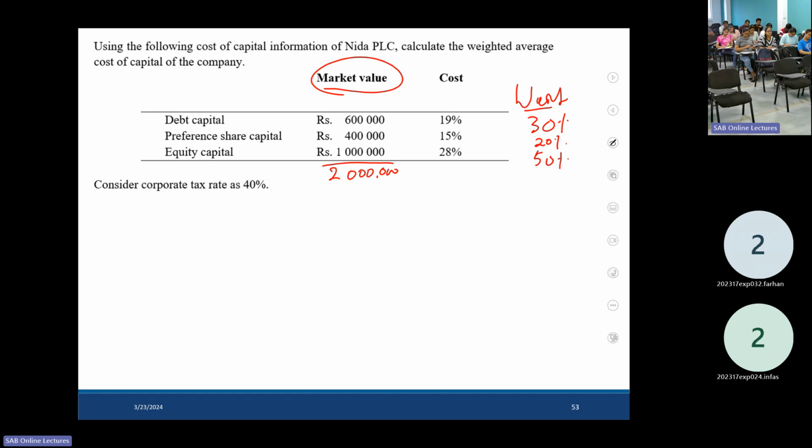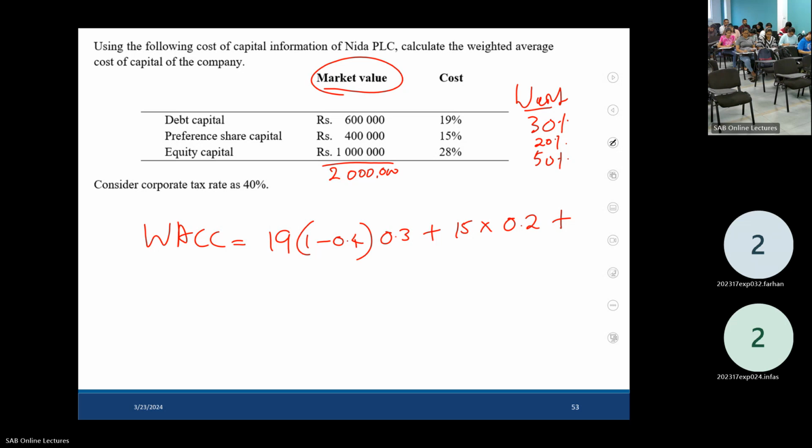So now you can calculate the weighted average cost of capital. The tax rate is given. So WACC is equal to: cost of debt, 19%, which is on a before-tax basis, so you have to adjust for the tax, times the weight on debt, 30%; plus cost of preference shares, 15%, weight 20%; plus cost of equity, 28%, weight 50%.